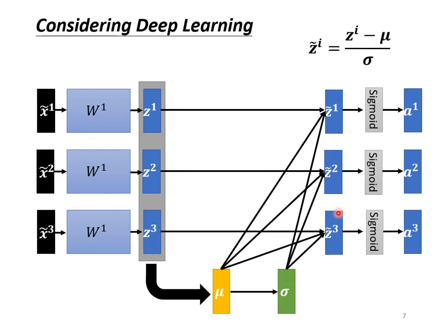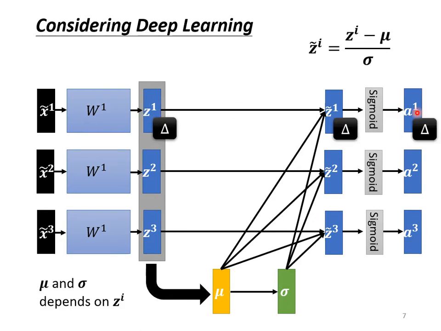There is an interesting thing here. The mu and sigma here are actually calculated based on z1, z2, and z3. So, the z1 here, if we originally didn't do feature normalization, changing the value of z1 will change the value of a1 only. But now, when you change the value of z1, mu and sigma will also change accordingly.